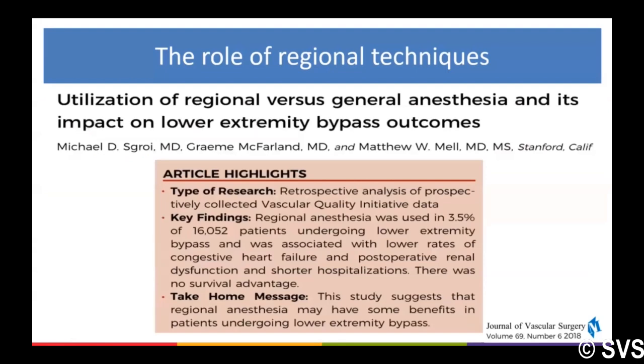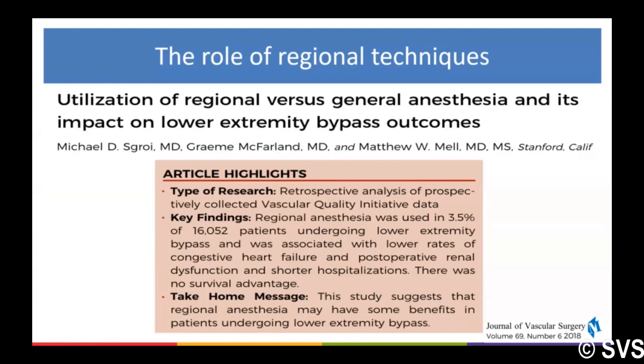This group reported about the utilization of regional versus general anesthesia and its impact on lower extremity bypass outcomes. It was a retrospective analysis of prospectively collected Vascular Quality Initiative data.